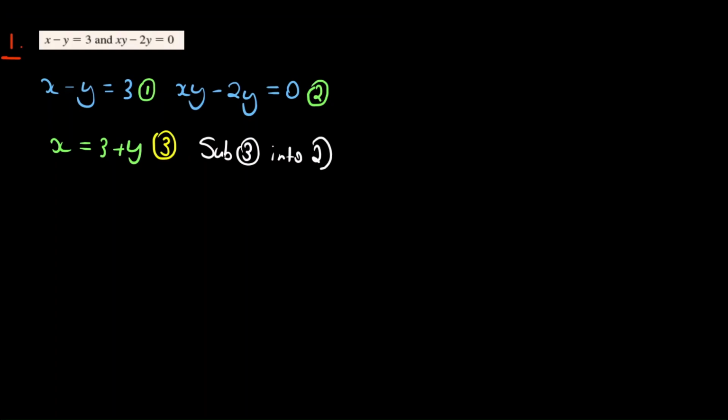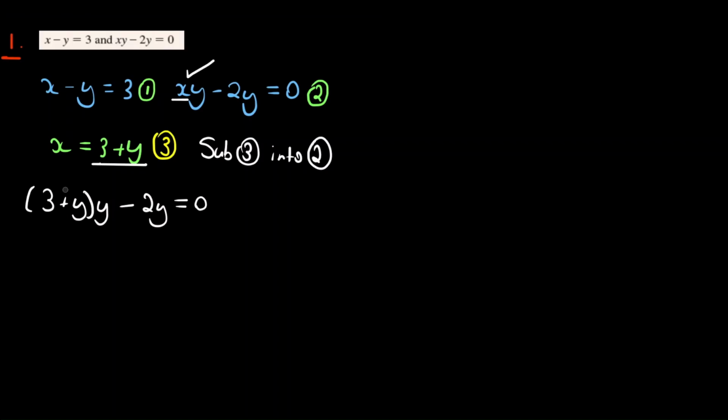Where there's x in equation 2, we're going to substitute 3 plus y. So we can say 3 plus y, multiplied by y, because remember we're only substituting where there's x, minus 2y is equal to 0.